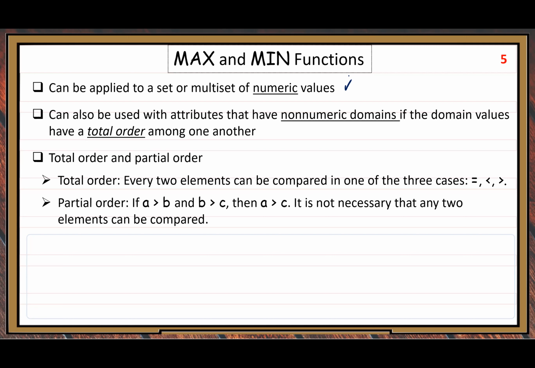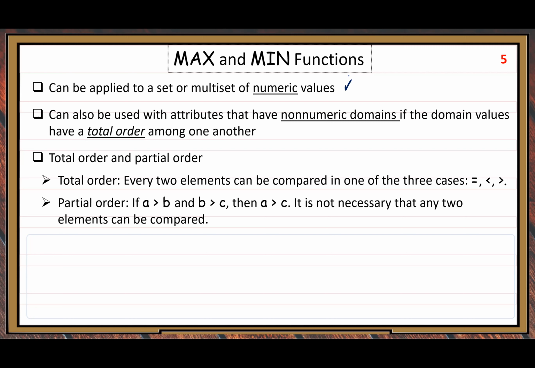If that is true, but not necessarily every two elements can you compare with one of the three operators. If A is greater than B and B is greater than C, then A is greater than C; the transitivity property must hold. It is not necessary that any two elements can be compared. That's the partial order.